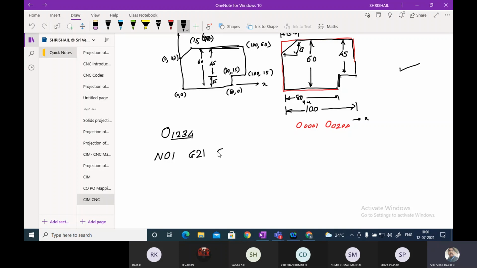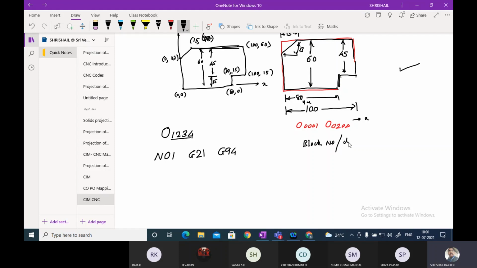So I want to give G94, that is feed per minute. I will be writing the same thing. The first one is the block number.